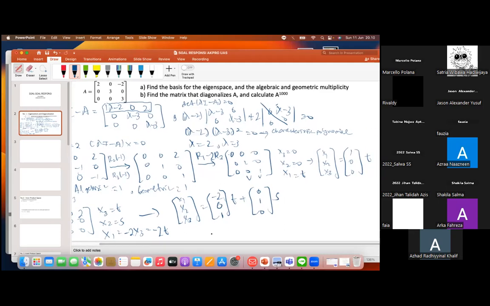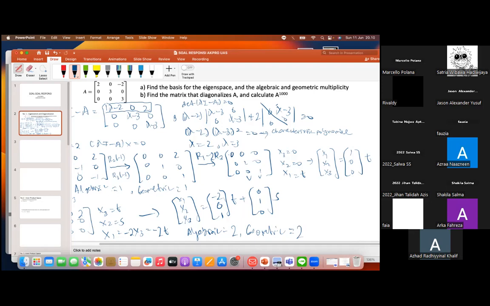For this case, your algebraic multiplicity is 2, since 3 occurs 2 times, as there's a square here. For geometric, the dimension is 2 because there are 2 coefficients here, so the geometric multiplicity is 2. Bear in mind, the pattern will not always be like this.